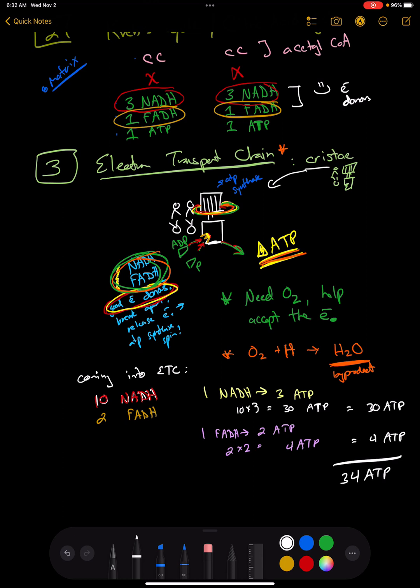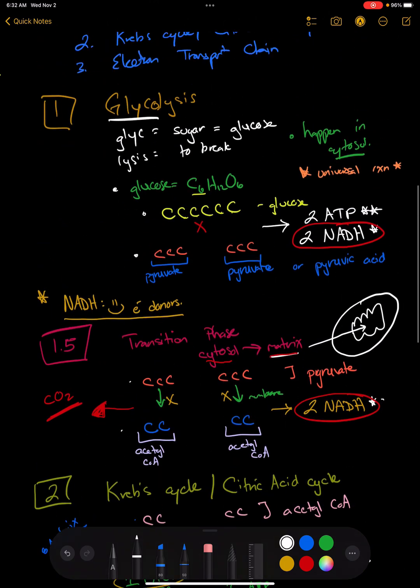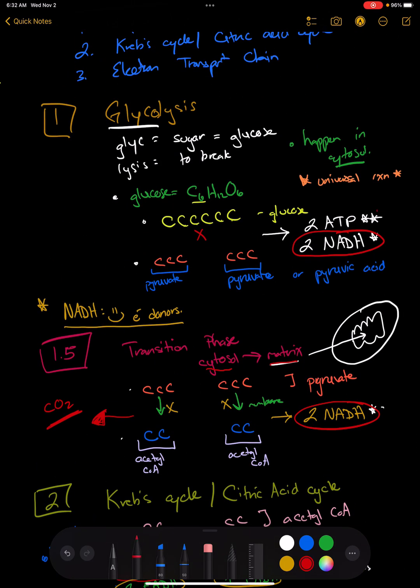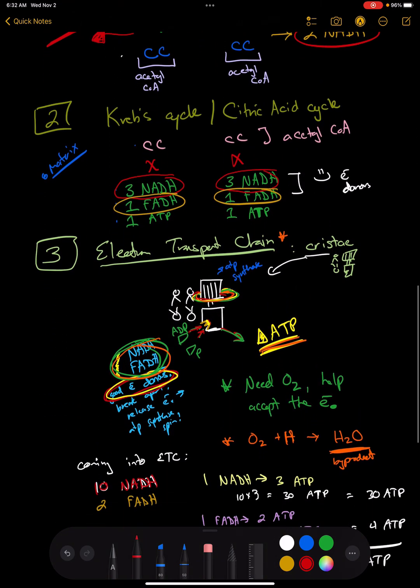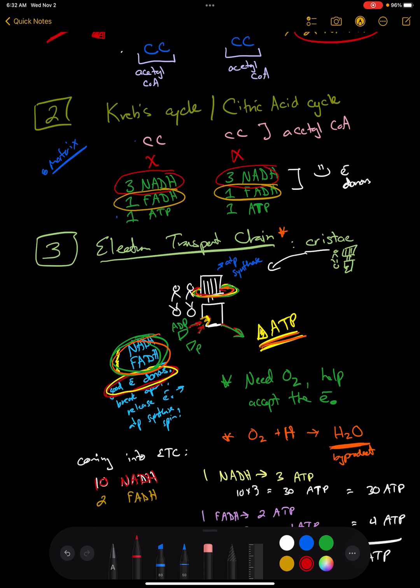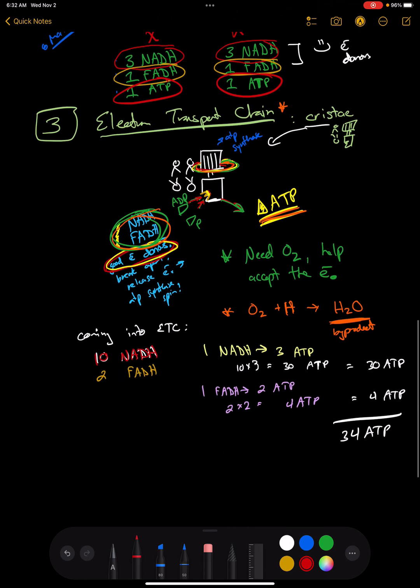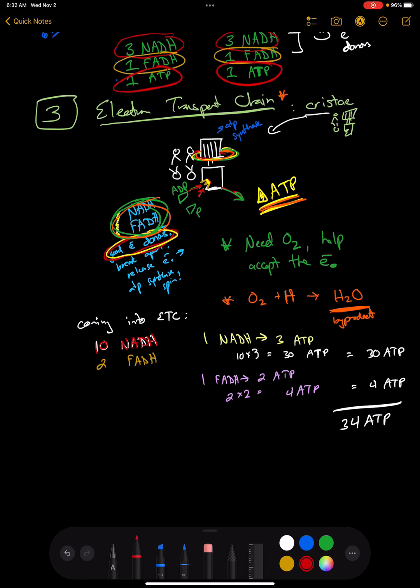I'm trying to get to 36. And so if I go back up to glycolysis, oh yes, right here, look, I made 2 ATPs. And then I also made 2 right here, 2 right here in Krebs. So 2 plus 2 is 4. There's another 4 ATPs that I made throughout all the reactions. Now I'm at 38 ATP, which is more than what I wanted.